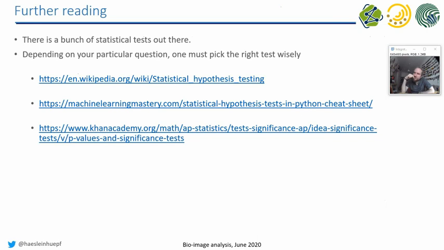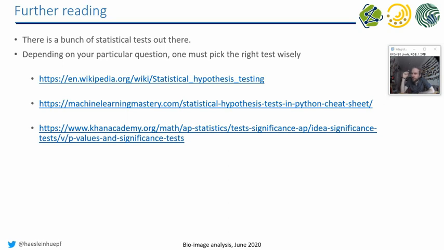There's a bunch of statistical tests out there you can apply to your data to figure out if things are different or if things are the same, or if two samples come from the same distribution and so on. I cannot go through all of them, but I can provide some more links where you can read about them. There's a nice cheat sheet with some Python code for various tests.